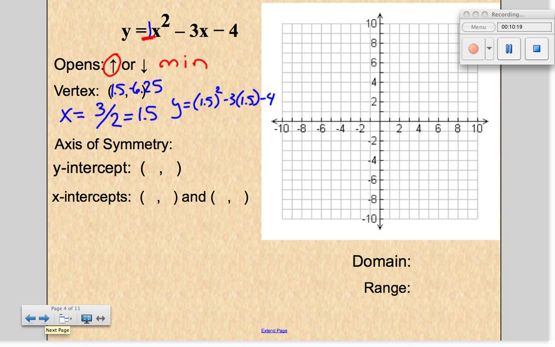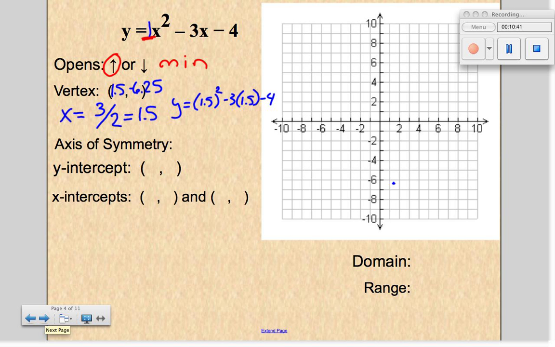Okay? And you should be using your calculator to make sure you can get these same answers. So 1.5 and negative 6.25 would be about right here. So there's my vertex, and I know that it opens up, so I kind of have an idea right now what it's going to look like.